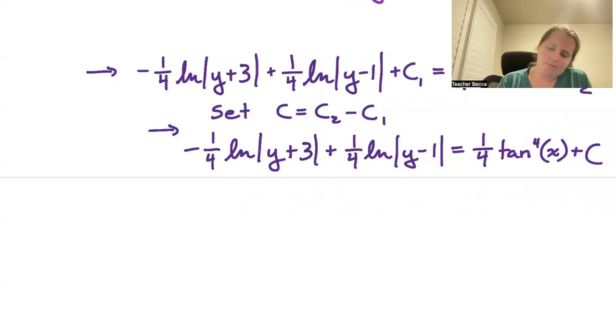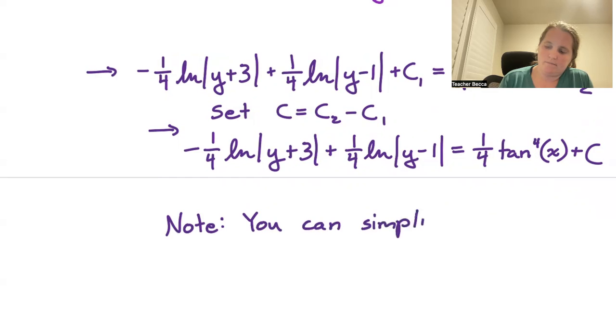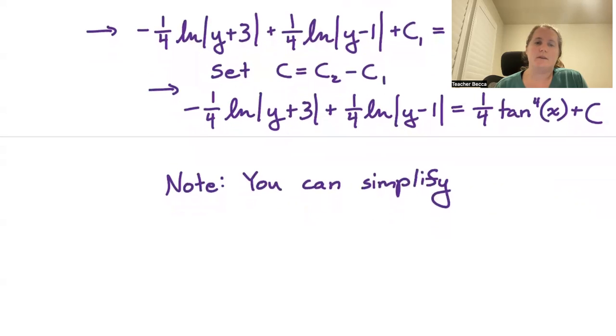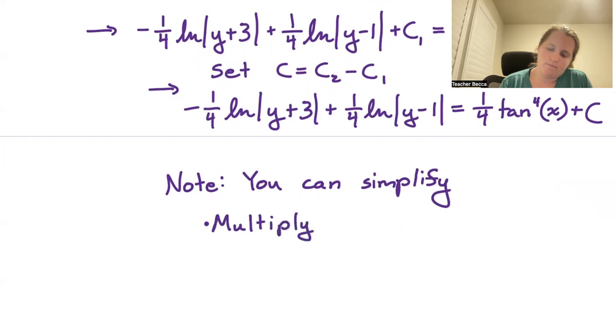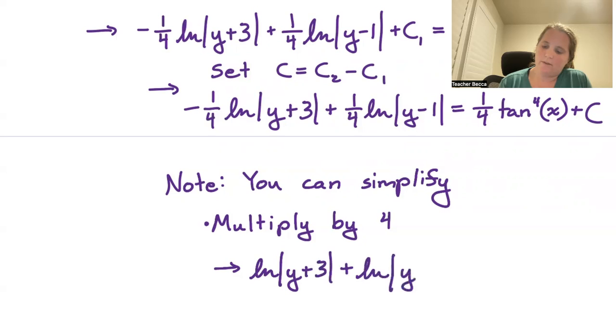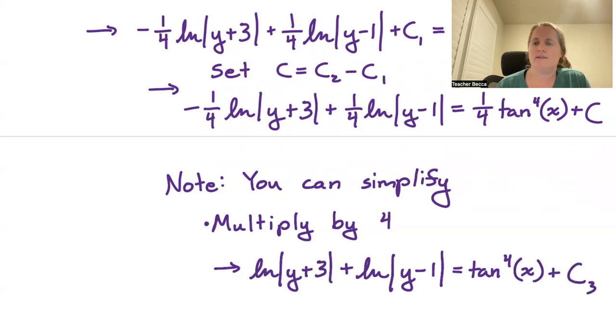So note, you can simplify if you like. If we multiply by 4, we have natural log of absolute value of y minus 1 minus the natural log of the absolute value of y plus 3 is equal to tangent to the 4th of x plus c3, say.